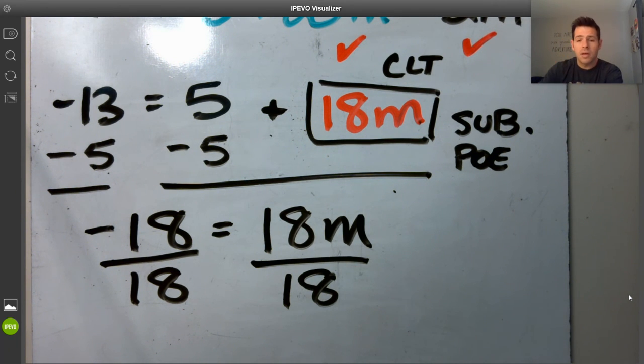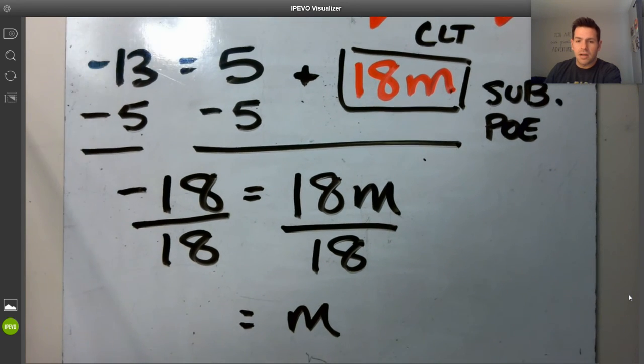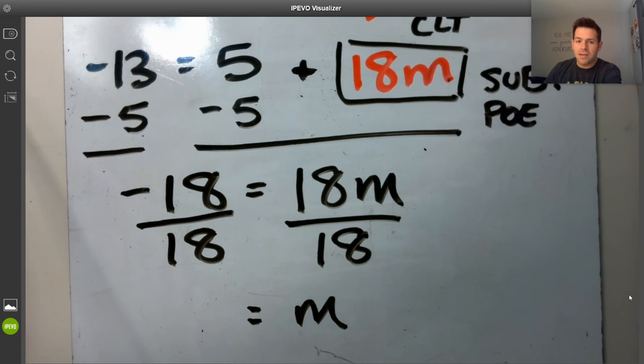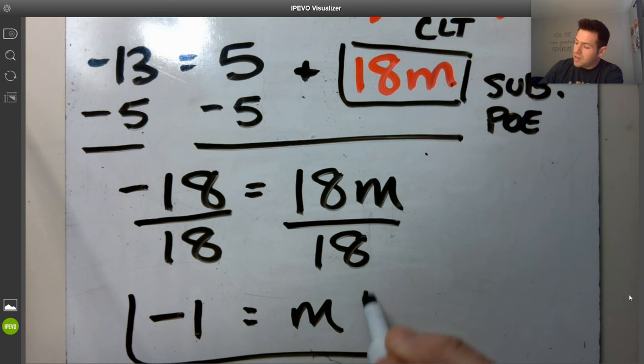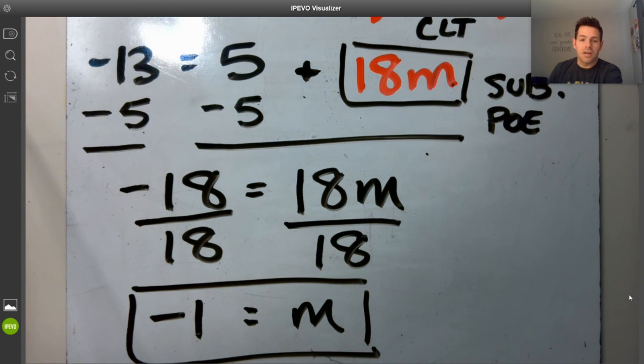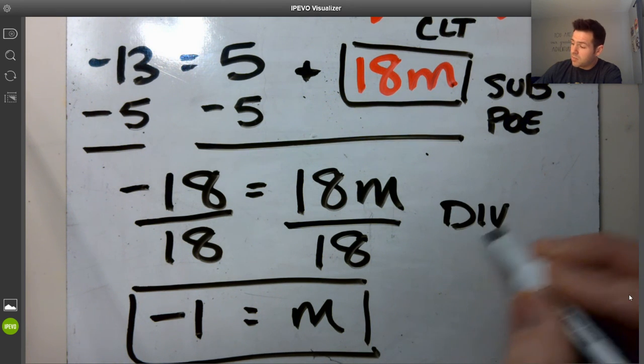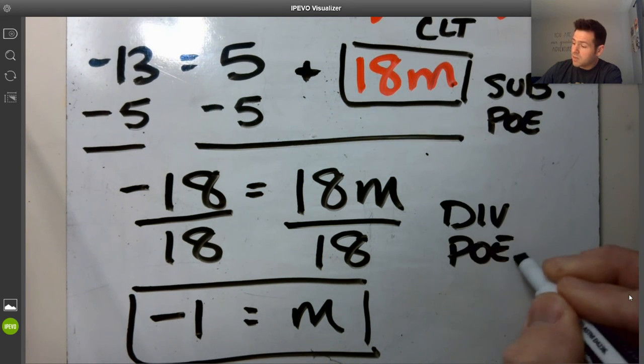Remember, when we do division property of equality, we want to get that number 1 positive. We'll just write the letter m down, though. And then on the other side, we have negative 18 divided by 18. That's negative 1, and that's our final answer. Negative 1 is equal to m, or m is equal to negative 1. We did the division property of equality to wrap things up.